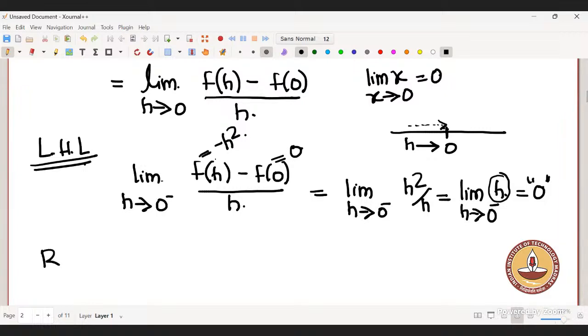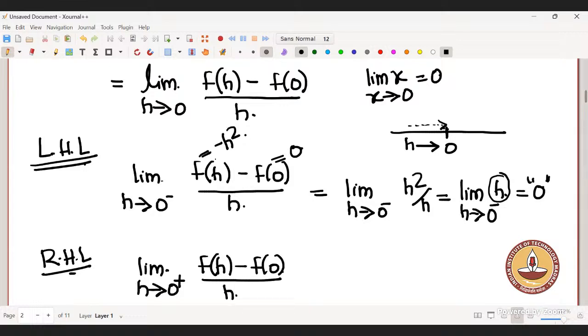So the next thing is the right hand limit, right? And by the same logic, what you can write. Okay, I made a mistake here. This should be minus.